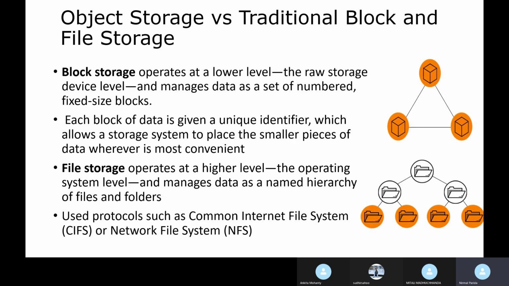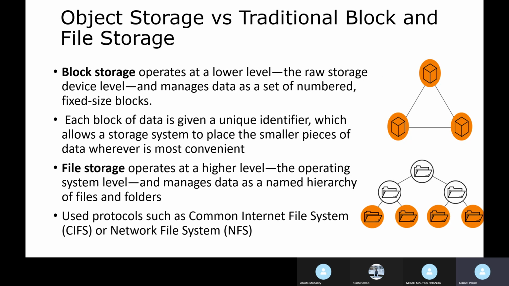There may be some confusion between your EBS volumes, EFS, or S3, so there are many storage options from AWS. We'll just see what is block storage, what is file storage, and what is object storage. S3 comes under object storage.